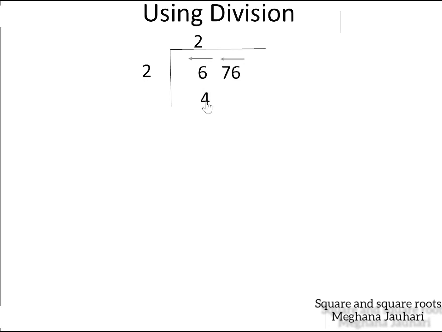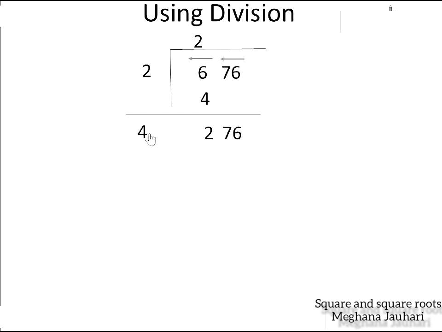Yes, 6 minus 4 gives you 2, and then we will copy the next pair, and now our dividend is 276. Next we are going to double 2, that is 4. Now we are going to guess a number here, and the same number we write in the quotient also.